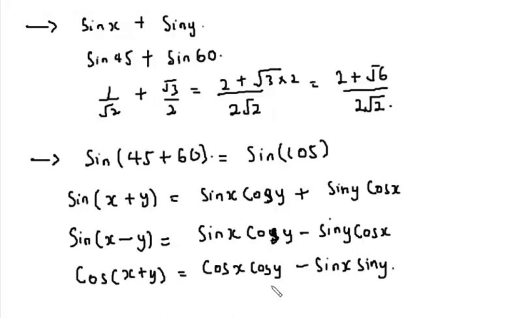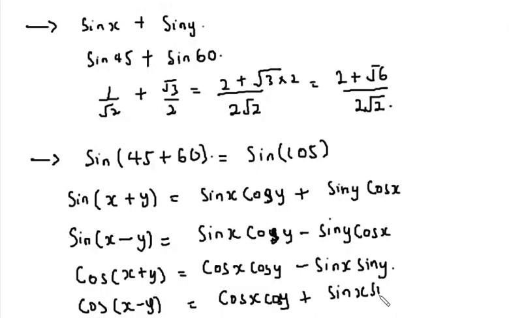And when you have cos of x minus y, the answer will be cos x cos y plus sine x sine y. You need to know these formulas to solve problems of this kind on addition of special angles. Let's take an example so that you understand better.